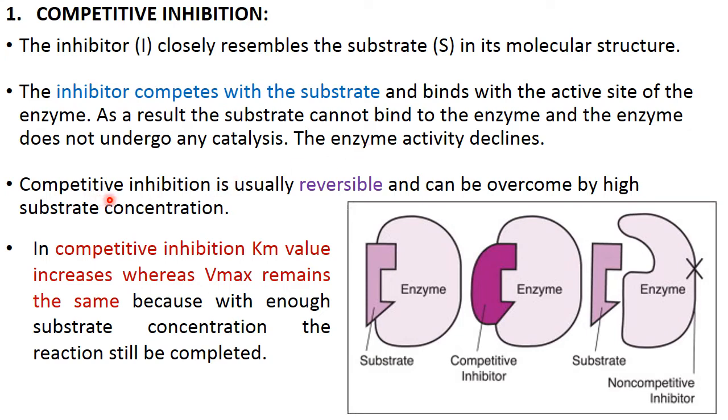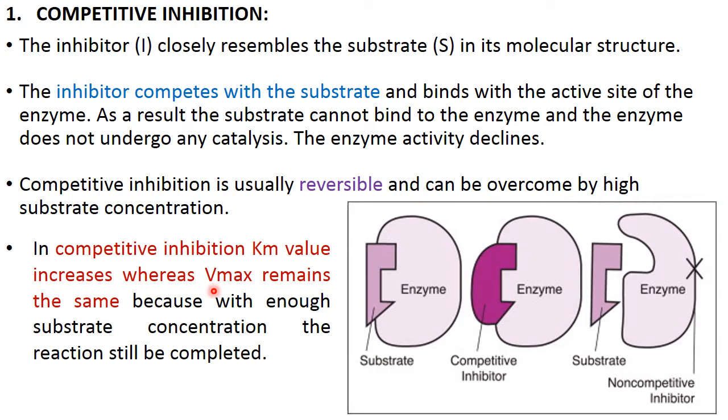So enzyme activity is going to decline. But competitive inhibition generally reversible होता है, and अगर हम substrate की concentration increase करेंगे. So in competitive inhibition जो है Km value increases because affinity between the substrate and the enzyme थोड़ा कम होगा, affinity कम होगा तो Km value increase होगा.